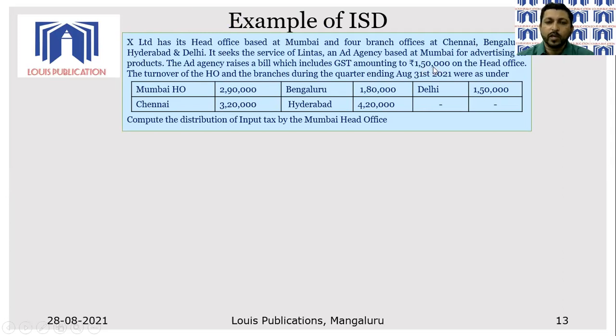So what about the allocation of this 1,50,000 input tax? The turnover of the head office and the branches during the quarter ending August 31st, 21 were as given: Mumbai head office 2,90,000, Chennai 3,20,000, Bengaluru 1,80,000, Hyderabad 4,20,000, Delhi 1,50,000. Compute the distribution of input tax by the Mumbai head office.